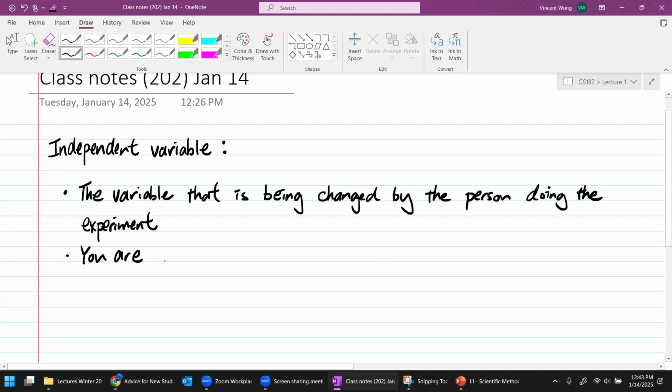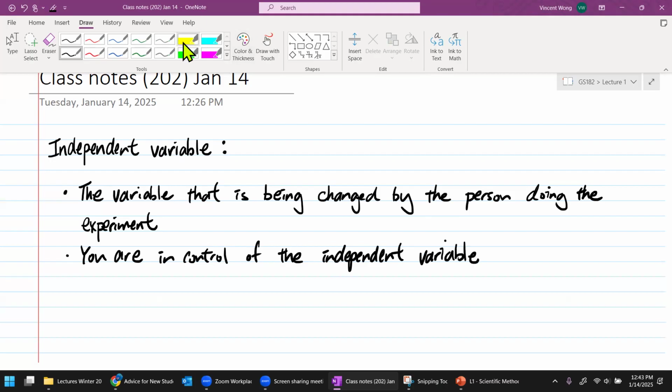You can think of it like this. You are in control of the independent variable. Right? Independent variable is what you are in control of. That's how you can remember it one way.